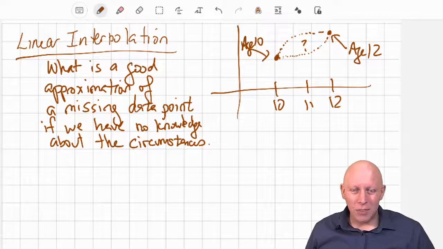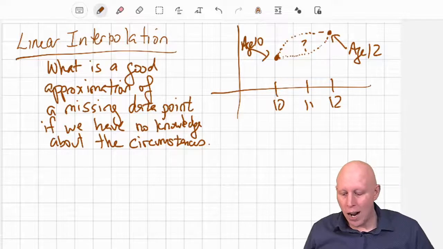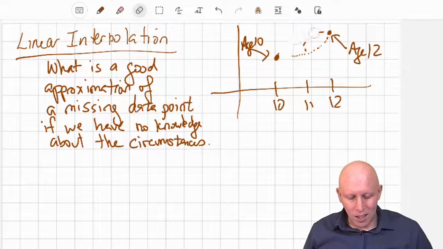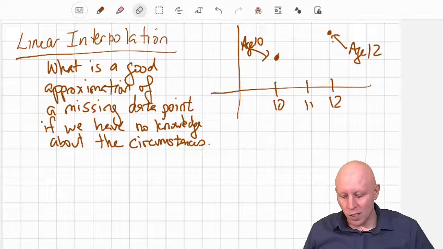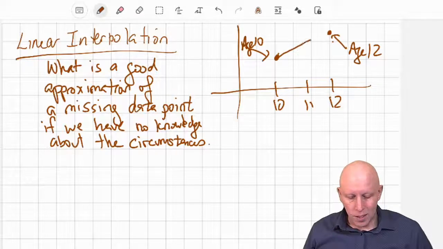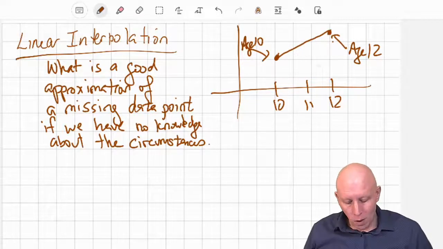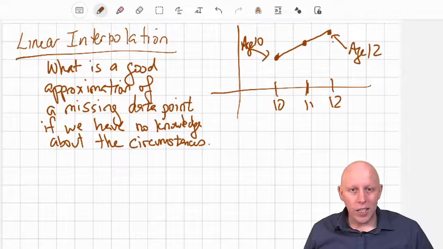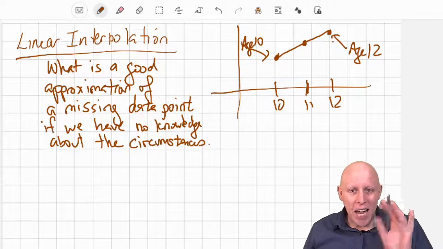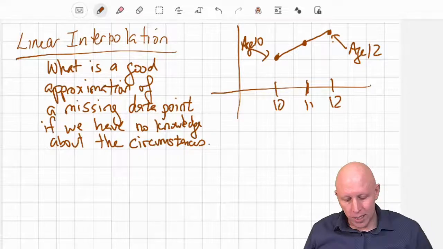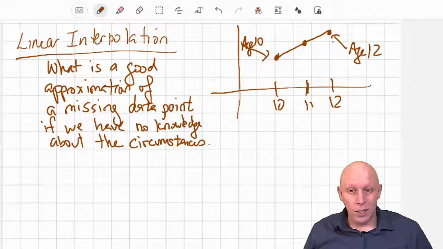But if we don't really know how we were growing at that point, maybe the best way to get a guess is to say, I'm going to guess that we're growing linearly from age 10 to age 12. And in that case, to figure out your height at age 11, you'd take the average of the height at age 10 and age 12.